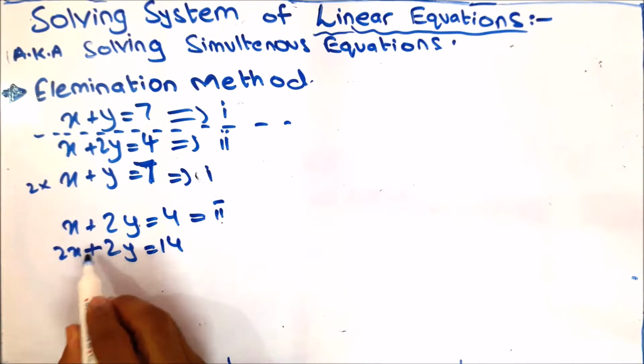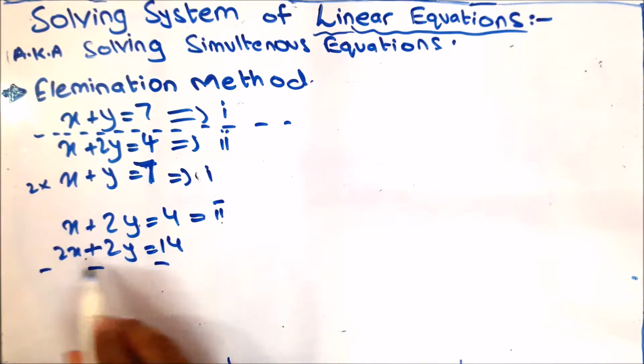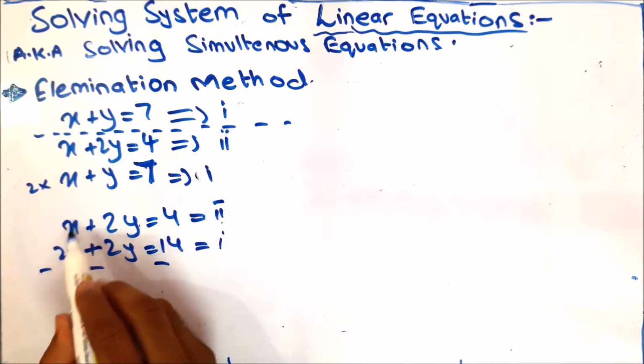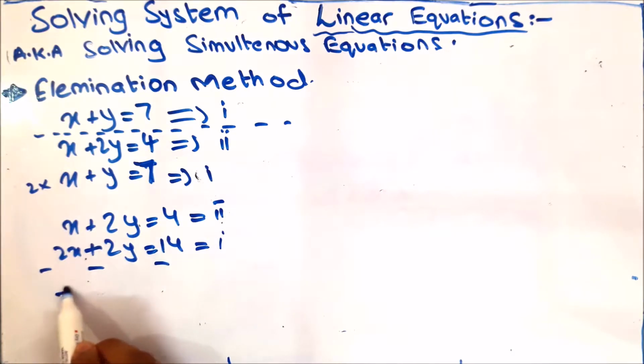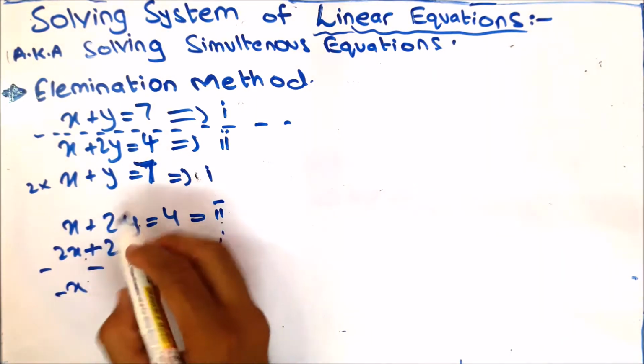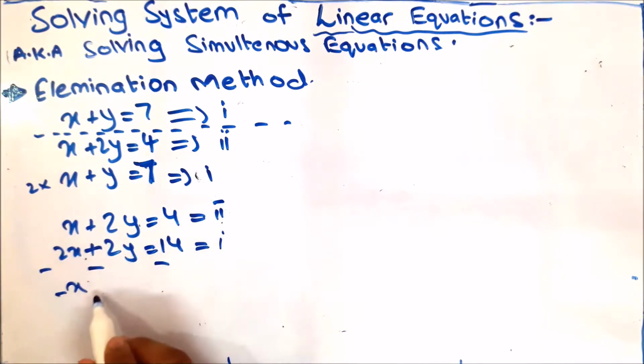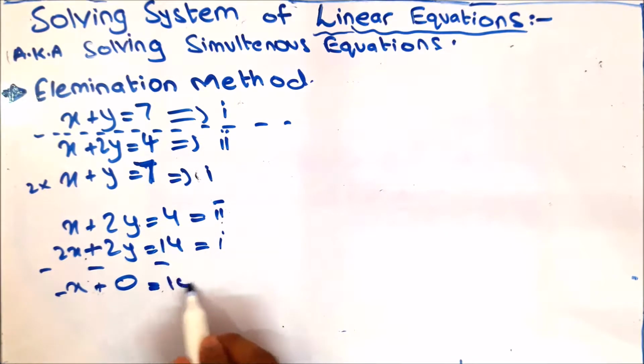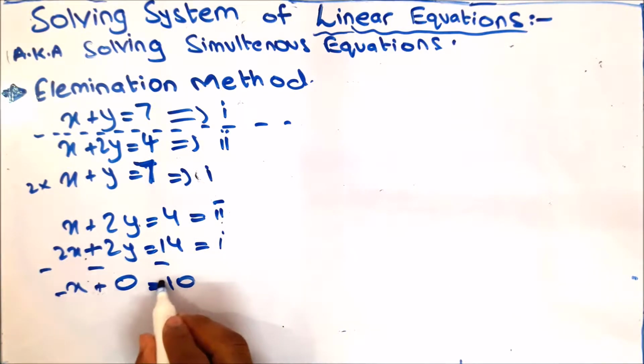Okay, so when I subtract equation 1 from equation 2, x minus 2x becomes minus x, and then 2y minus 2y becomes 0, and then 4 minus 14 becomes minus 10.